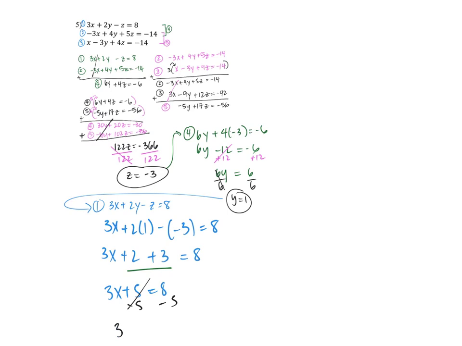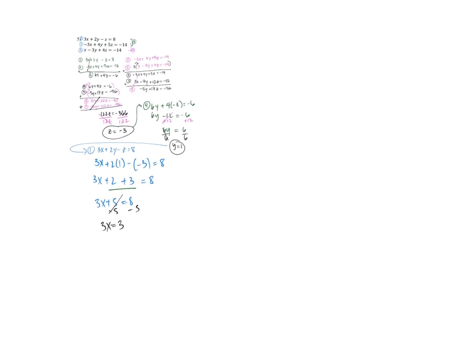So we have 3x equals 8 minus 5, which is 3. Divide by 3, x is equal to 1. Whew, okay. So our coordinate is 1 for x, 1 for y, and negative 3 for z, so we have one solution.